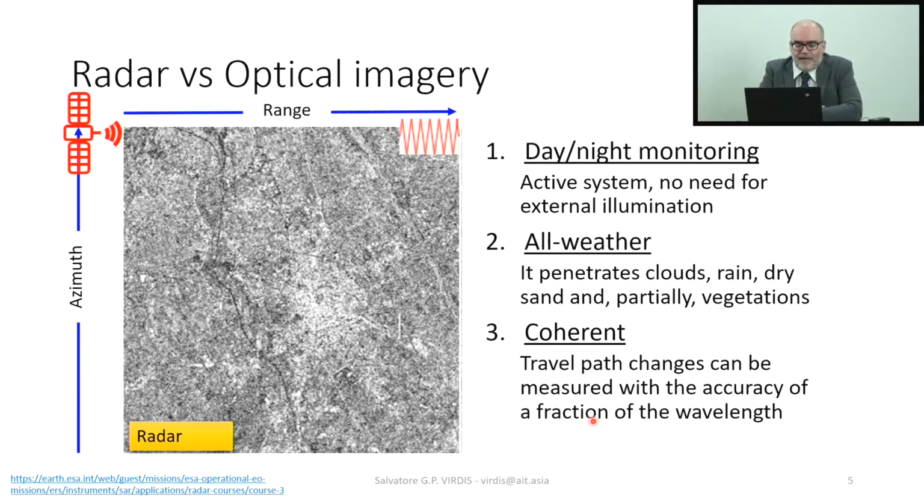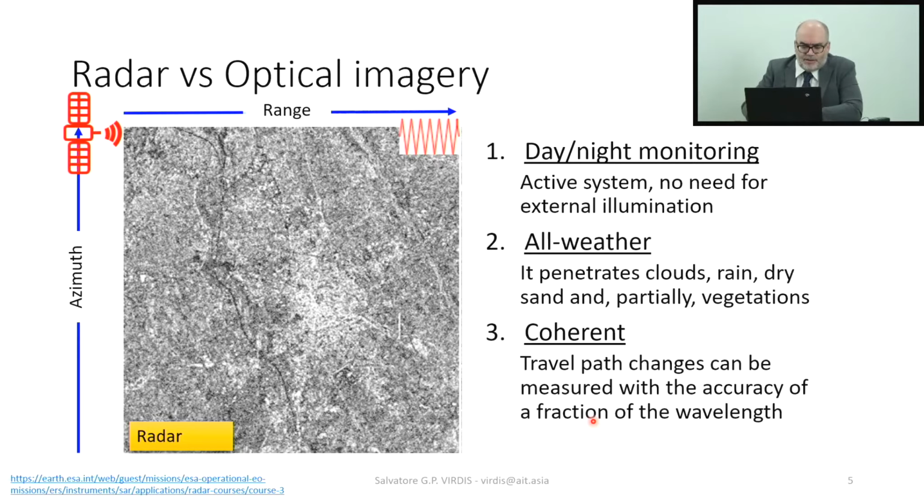Every line of the image is collected by a single pulse that is received during the acquisition. So the image is built pulse by pulse. And the coordinates of the images are so-called azimuth and range coordinates. Whenever we talk about a pixel coordinate in an optical image, it is a row and column. When we talk about a SAR image, we talk about azimuth and range.